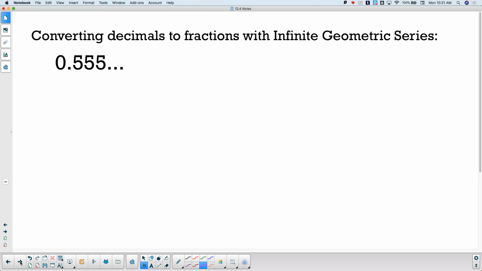So if I take this repeating decimal, 0.5555555, and 5 goes on forever and ever and ever, okay? If I take that decimal and I break it up by looking for the repeat.